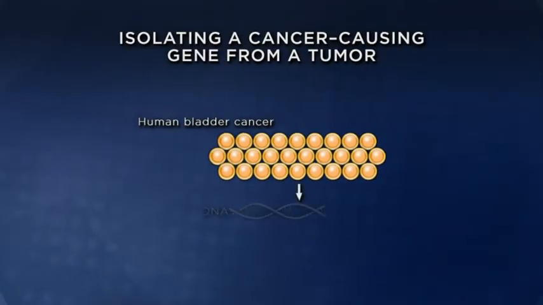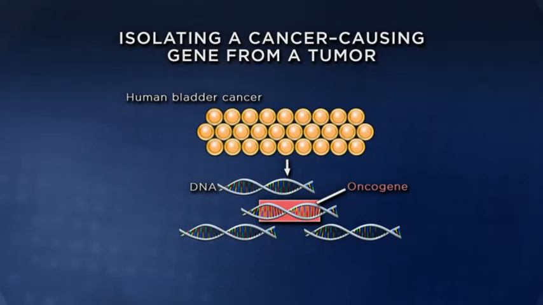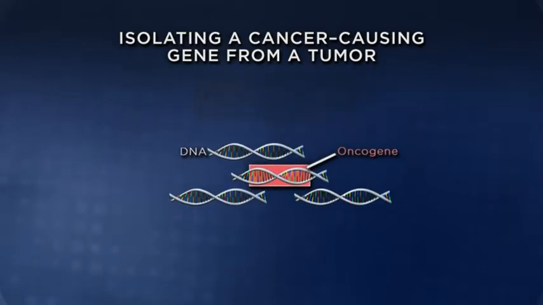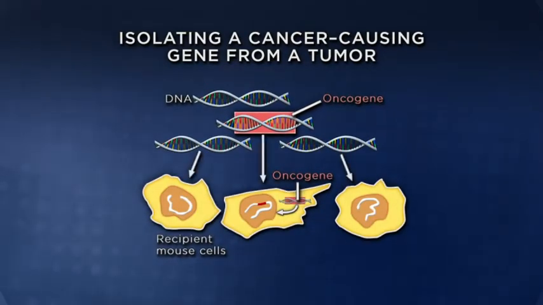Okay, a second way of looking for proto-oncogenes would be to isolate them from a tumor. So you take a tumor that you think has an oncogene in it. You take all its DNA out, chop it up into gene-sized pieces, and now take some normal cells and add the pieces to the cells. And say, piece number 1, do you cause the cells to go into cancer?